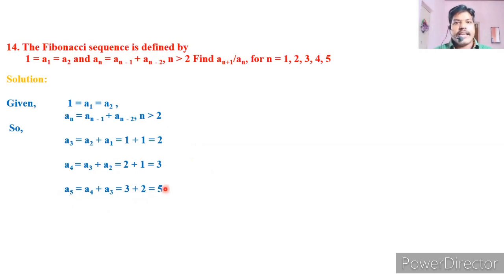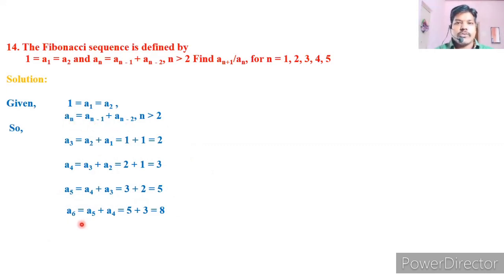Next, calculate A6 value. In place of n, replace 6. A6 minus 1 is A5 and A6 minus 2 is A4. So A6 is equal to A5 plus A4.